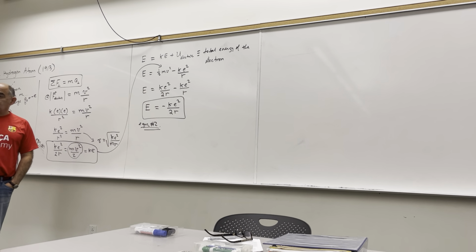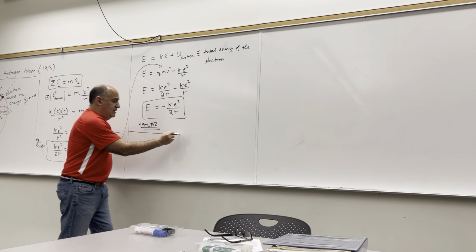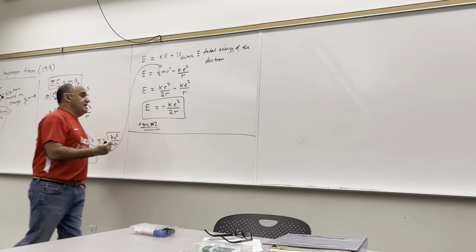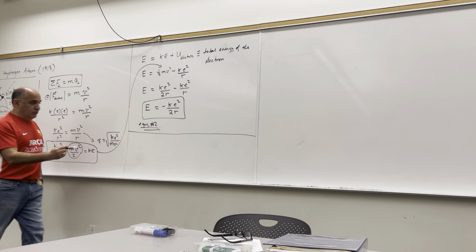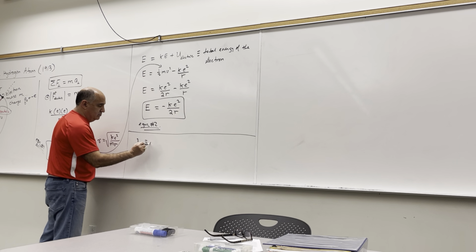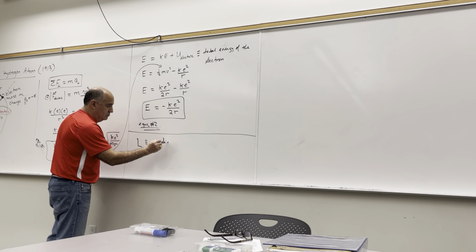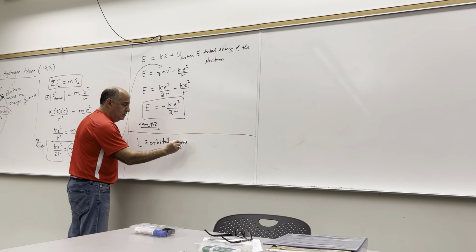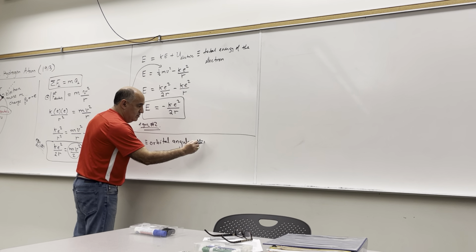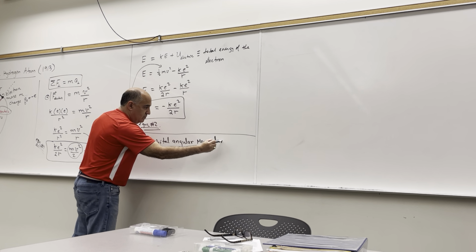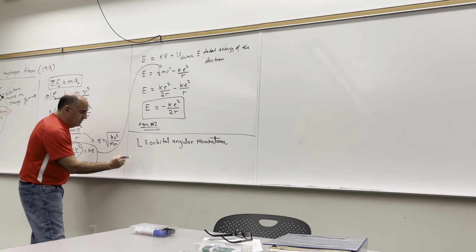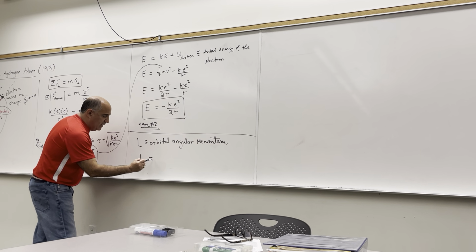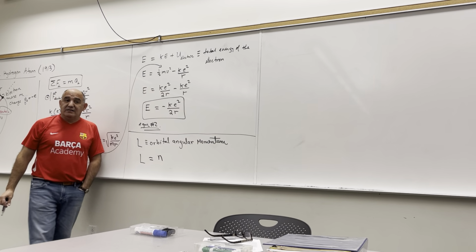Now, Niels Bohr's contribution came in the next step over here. He said that the orbital angular momentum of the electron as it orbits around the proton is equal to a number.